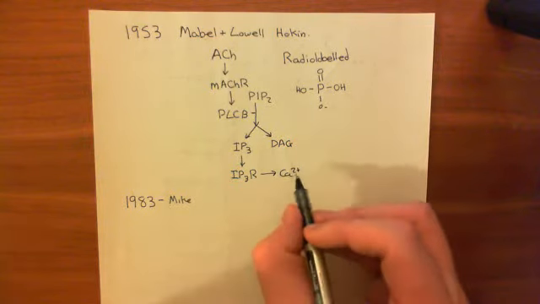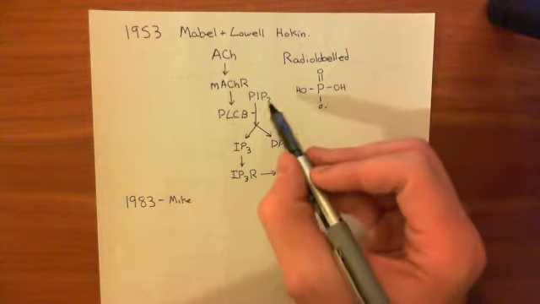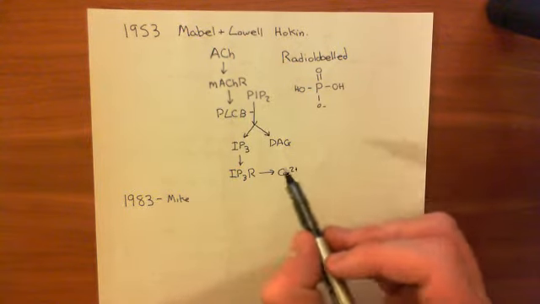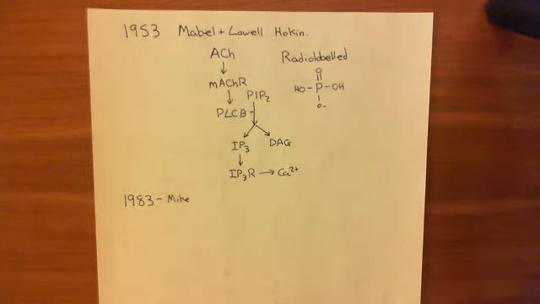Basically it was controversial as to whether the phosphoinositide response came before the calcium response or whether it came after the calcium response, whether it happened because of calcium going up.